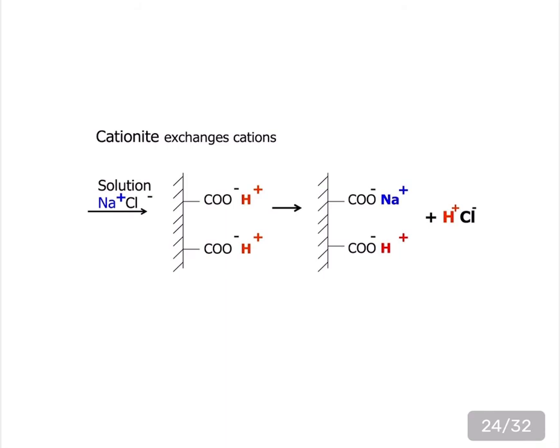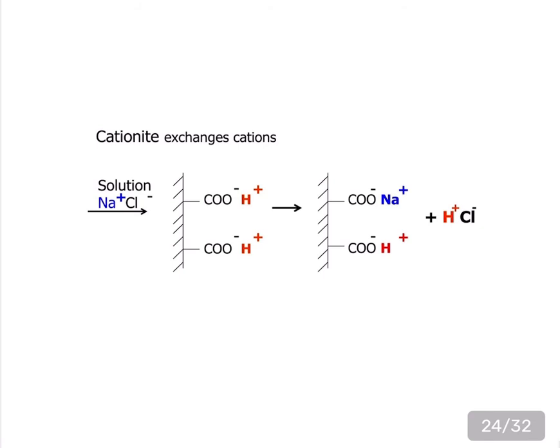So, for example, if we pass a solution through cationite, exchange of positively charged particles will happen. Cationite is expressed by the following scheme. The vertical line means solid material, then a carboxyl group that forms a strong covalent bond with the polymer, and some positively charged ion, for example hydrogen, that can be exchanged.